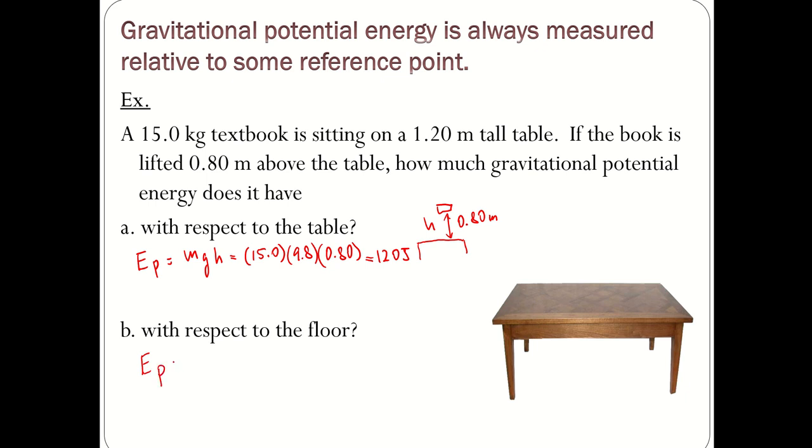We're going to use M times G times H, but the only difference is that we're going to plug in a different height. So here we're going to add the two heights. So 0.8 meters and 1.2 meters, that's going to be 2.00 meters in total. So we can add it here, or you can add it as a separate calculation. So let's do it here.